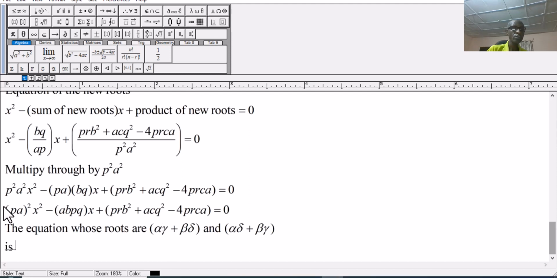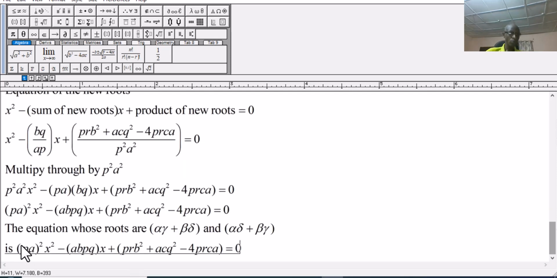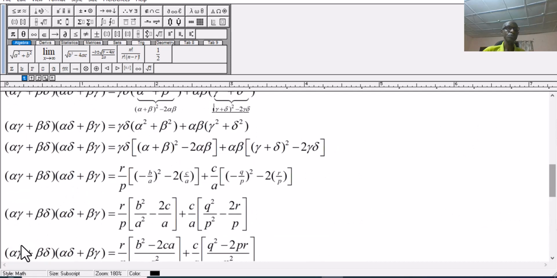So this equation we need to deal with. Okay. So there we go. So that's the whole question.